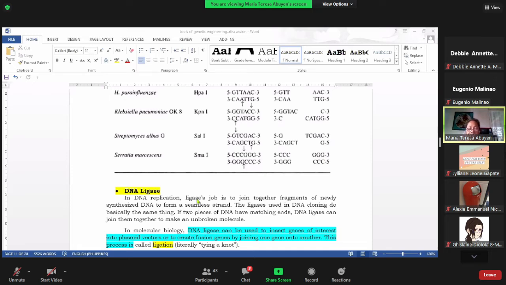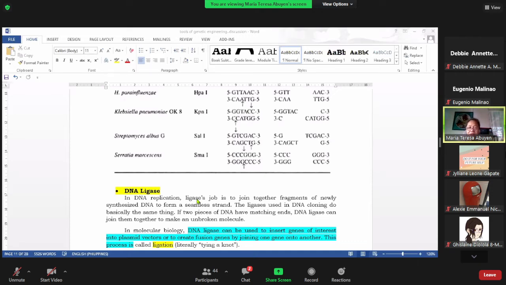Let's say the desired gene in the human cell is the gene that can produce insulin, used by diabetics. You transfer this gene from the human cell into the bacterium. What you used to cut is the restriction enzyme. Then you insert the gene from the human cell into the plasmid of the bacterium. So into the bacterial cell.